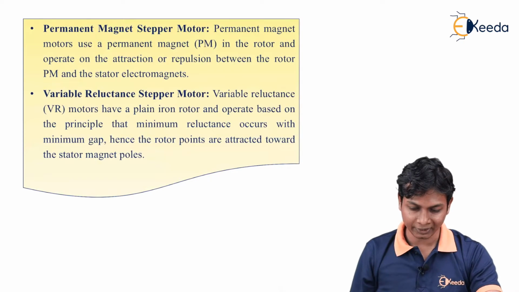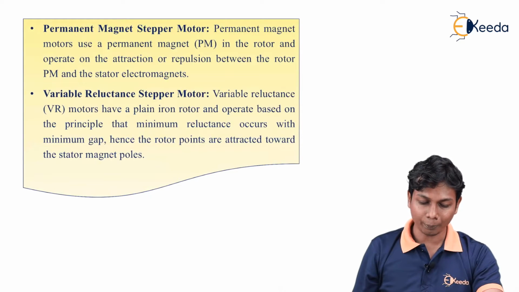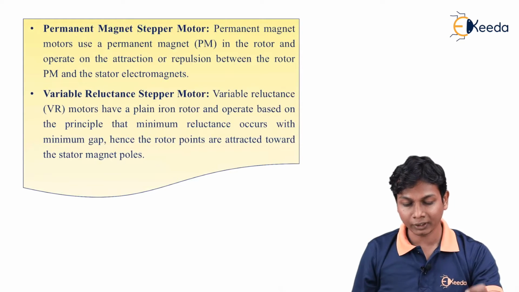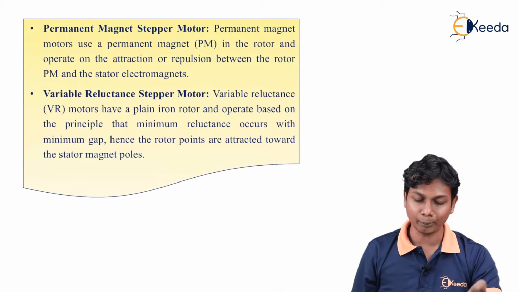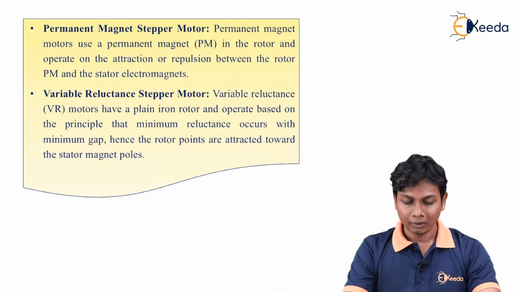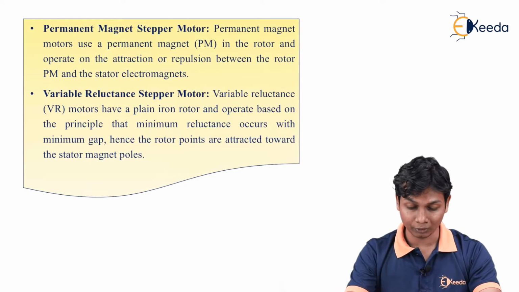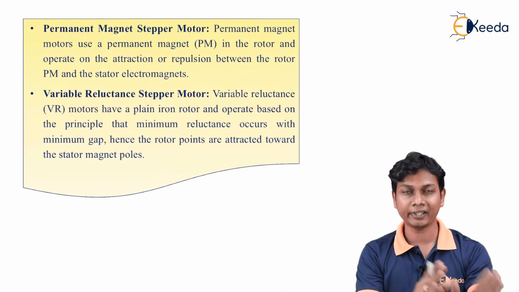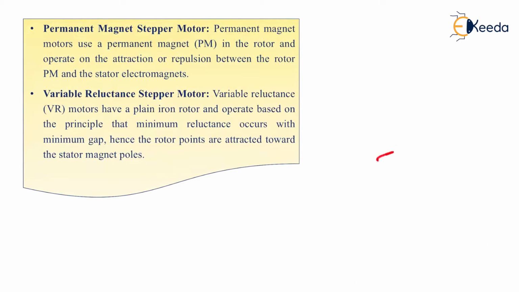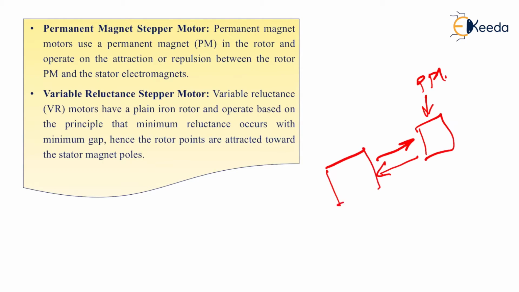In this, the rotor operates on the attraction or repulsion between the rotor and the stator, and hence the stator electromagnets play an important role. So what is that? The attraction and the repulsion between the rotor, that is the permanent magnet, and the stator of electromagnets.